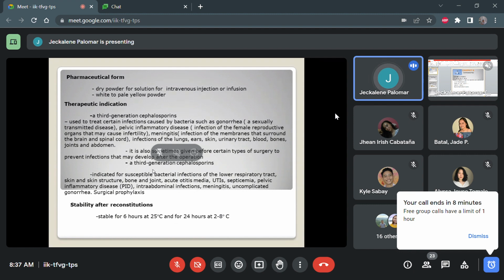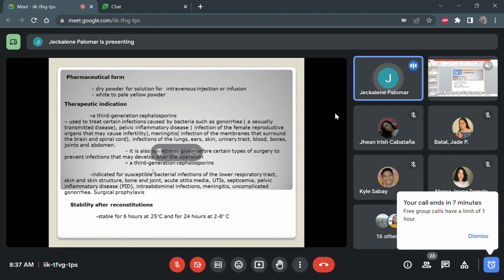It is also indicated for lower respiratory tract, skin and skin structure infections. Almost the same as the therapeutic indication of other kinds of antibiotics, but it also depends on the etiologic agent of the bacteria and how severe the infection is.